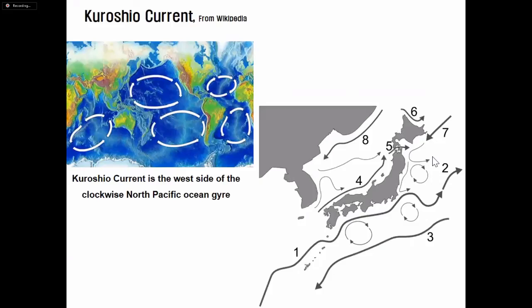Right. So where is the Kuroshio current? This is Japan, Korea is here. Kuroshio is going this way, up, near Japan. That is the mainstream, but some of it is between Korea and Japan.